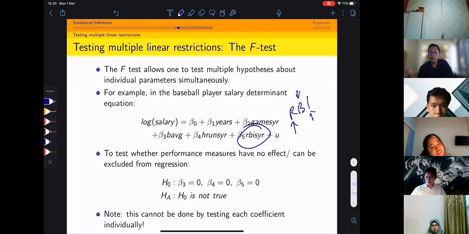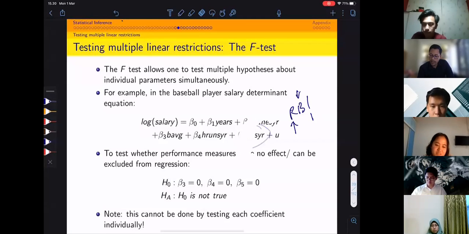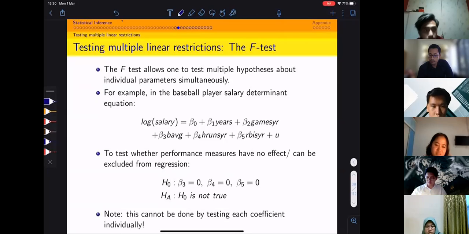If you hit a ball and your teammate passes home plate, it counts as a run batted in. If 2 of your teammates pass home plate, you have 2 runs batted in. So batting average, home runs per year, and runs batted in are performance variables, and the performance variables determine whether your salary is high or low.